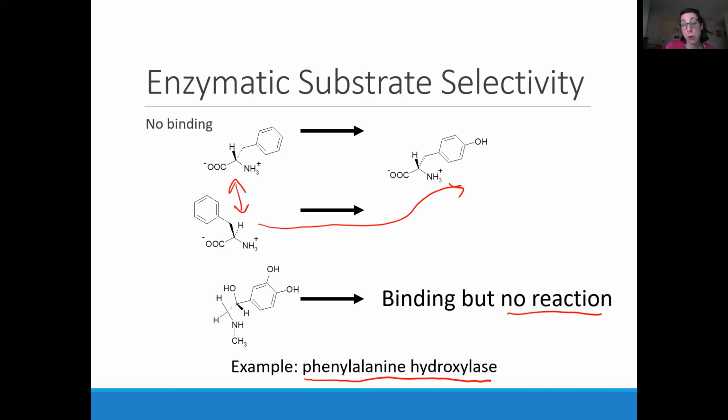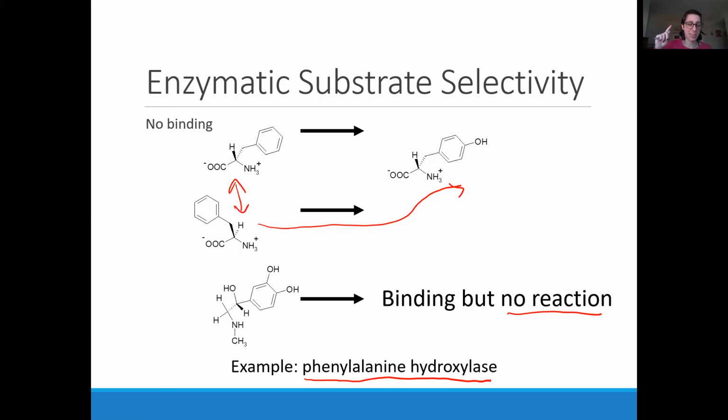In fact, the only difference between them is that they are enantiomers of each other. So remember, enantiomers, the R versus S, they are mirror images of each other. So enzymes can and do even specify between mirror image molecules.